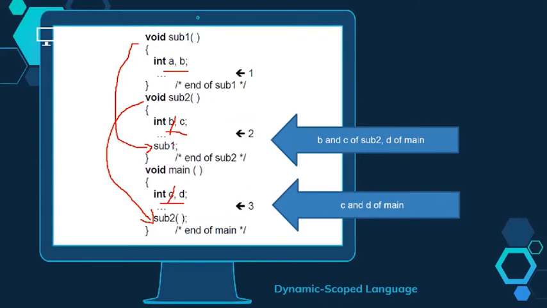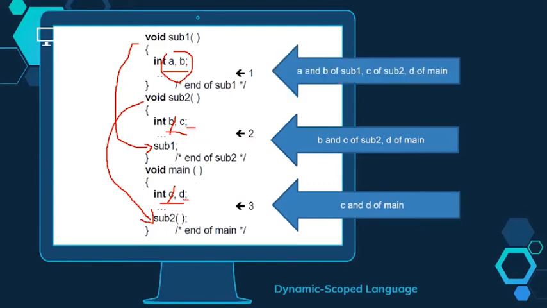So back to the topic, C is not going to be used in main since C was declared in sub2, and we have D. So that means sub1 can use A and B, can use C, and it can use D from main. Just remember that in dynamic scope languages, we are going from locally and moving to the subprogram that calls this subprogram.